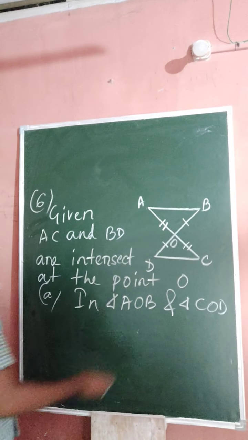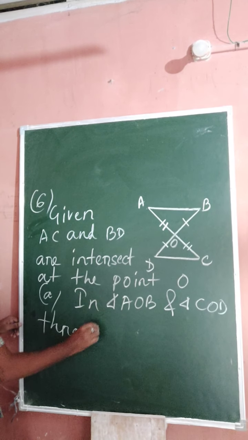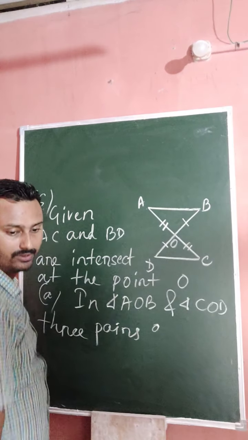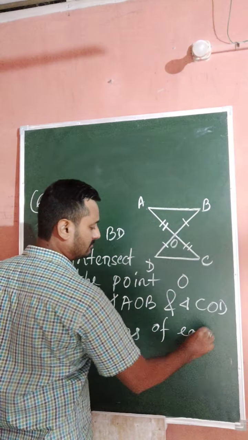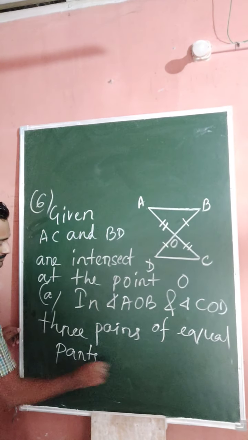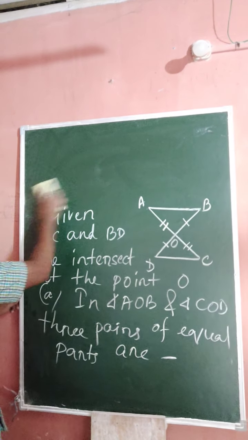So in triangle AOB and COD, the three pairs of equal parts are, okay, two parts are already given, one part you have to find.